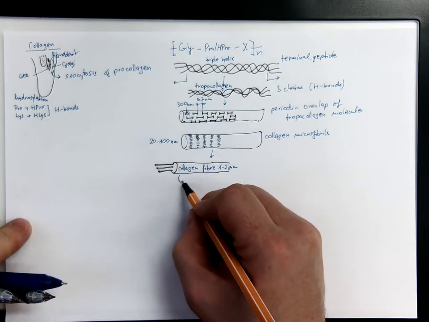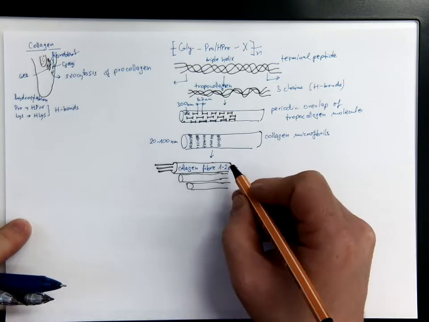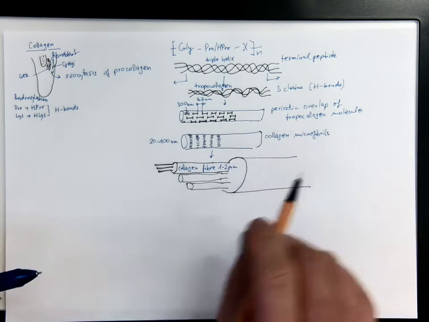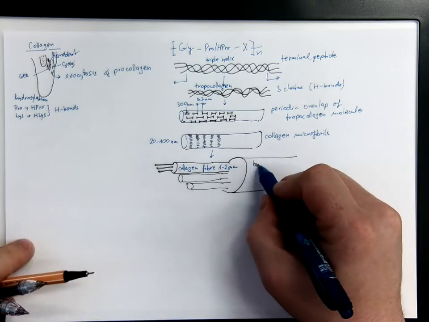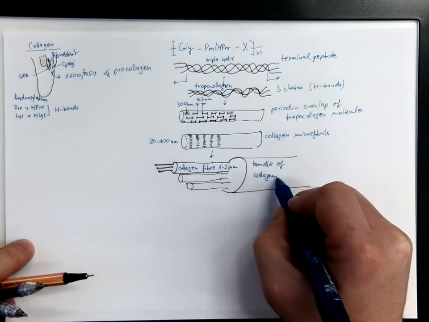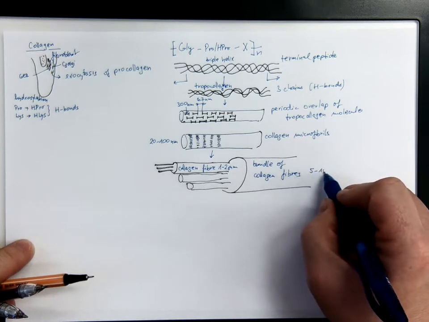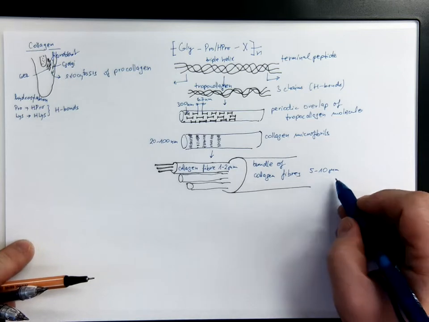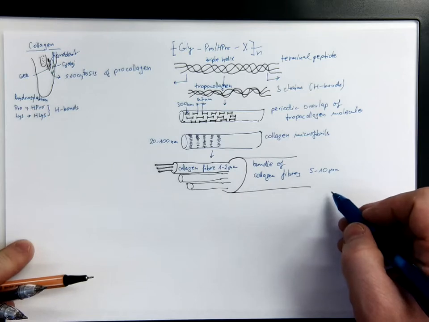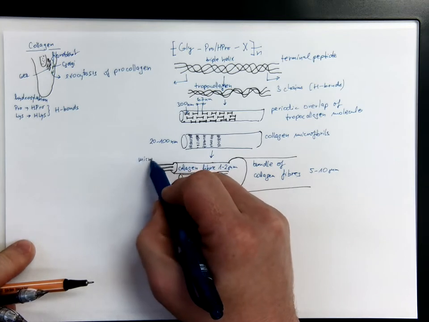And the group of collagen fibers contributes to the formation of larger structures called bundles of collagen fibers, with a diameter approximately between 5 to 10 micrometers, and that is something that you can already see pretty well in the routine optical microscope. So these are the microfibrils at the beginning, okay?